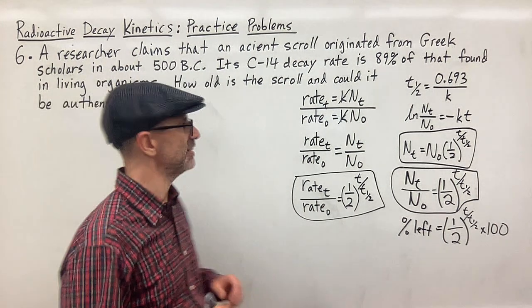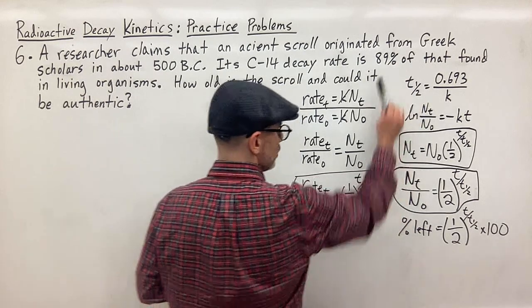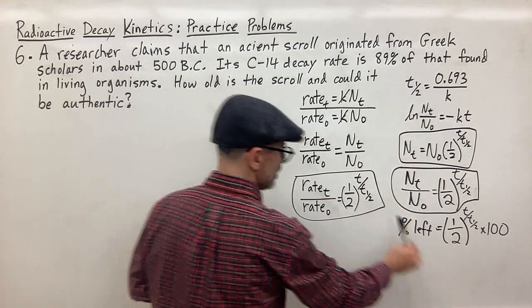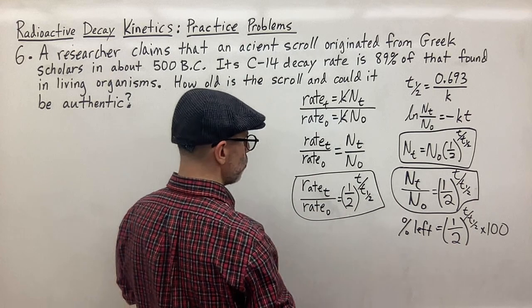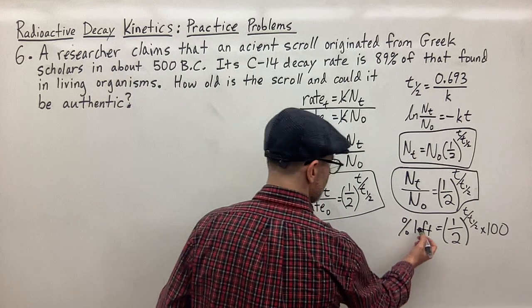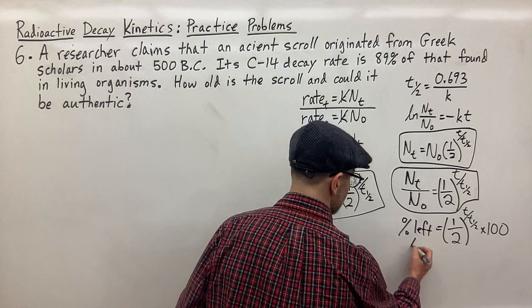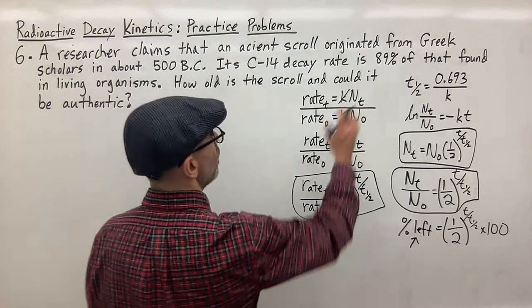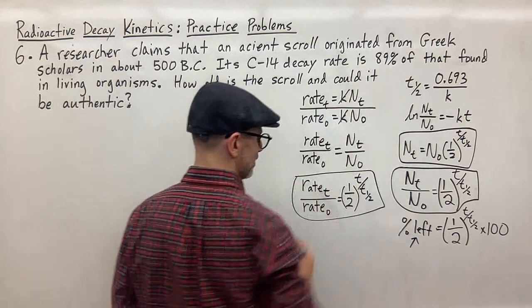Okay, so since we're given a percentage, we can then use this equation here as a percentage as well. So this then becomes the percent that's left, the percent decay rate that's left as well.